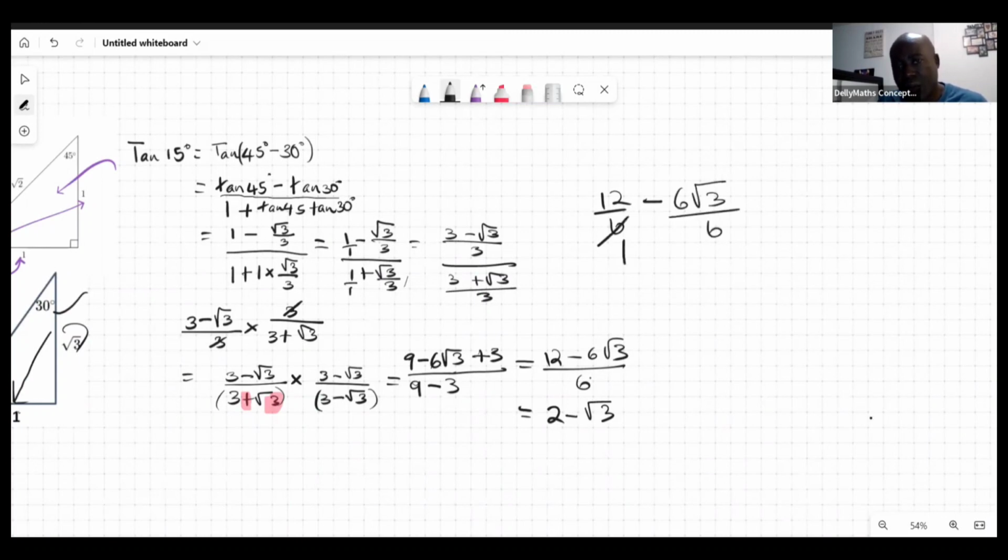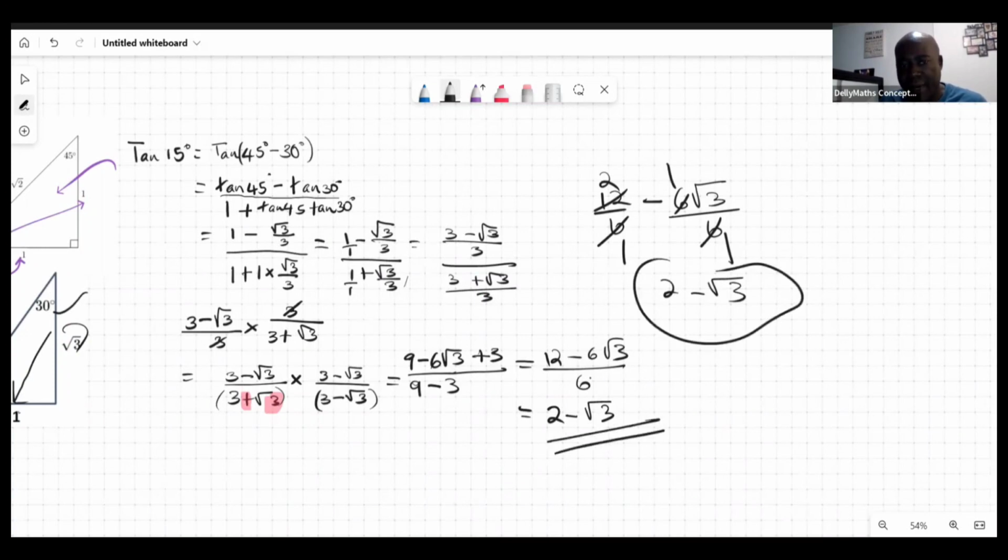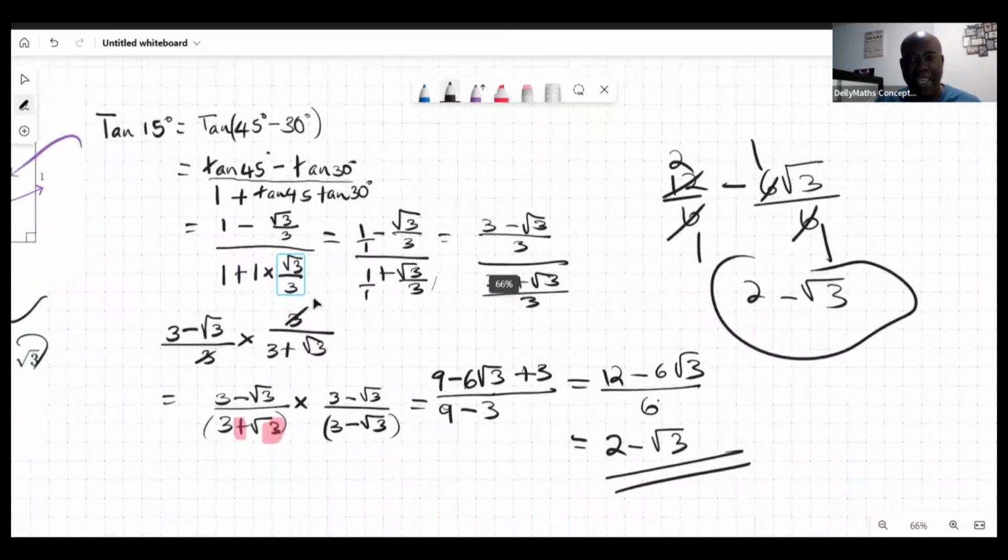You could see 6 into 12 is 2, and 6 into itself is 1, so we're really left with 2 minus root 3 right there. So this is the final response. If you want to break it down into the simplest form, here it is. But we could have stopped at various places depending on what the exam requires.